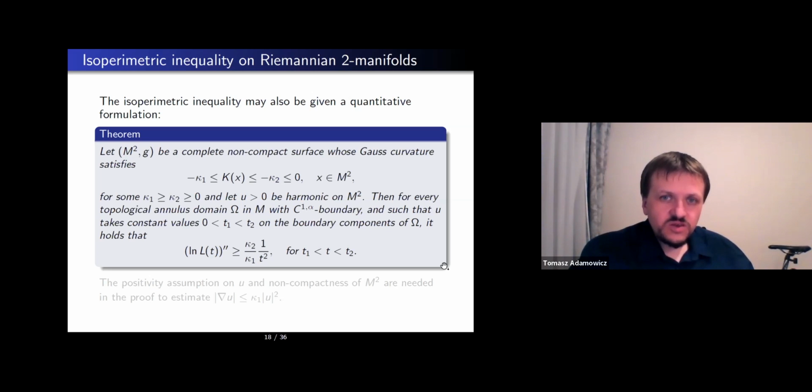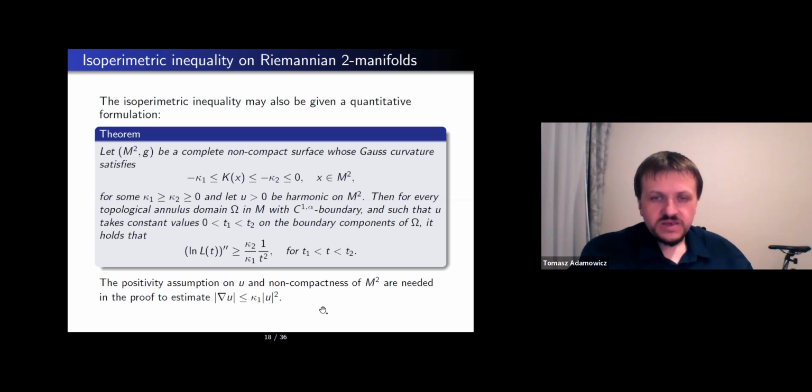And the reason we strengthen assumptions compared to the previous inequality is that in the proof we use the following estimate, which requires this non-compactness and the positivity of the function on the whole surface. And if you are interested in examples of surfaces that satisfy the assumptions of this lemma, I refer to my work with Giona.